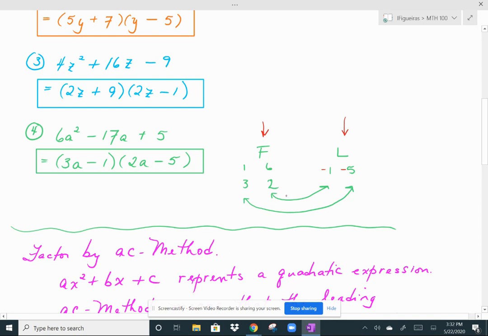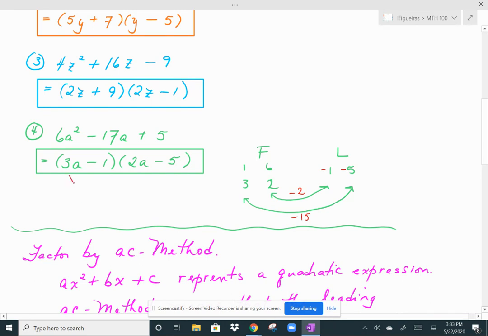So if you look at what I did here, the 3 and the -5 will give me a -15, and the 2 and the -1 will give me -2. Well, -15 and -2 is definitely -17. So that's exactly the way you have to position them.